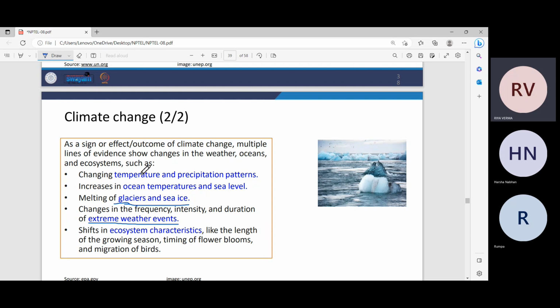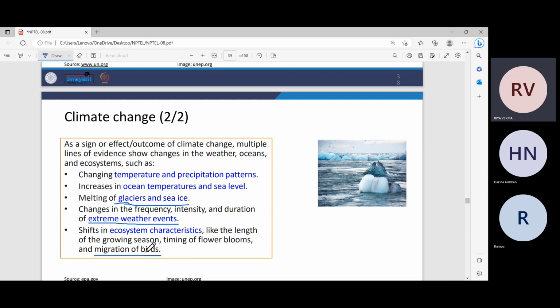Now, we can also observe the shifts in the ecosystem characteristics, like the length of the growing season is changed, the timing of the flower blooms is changed, and also the migration of birds. This is one great example of climate change.